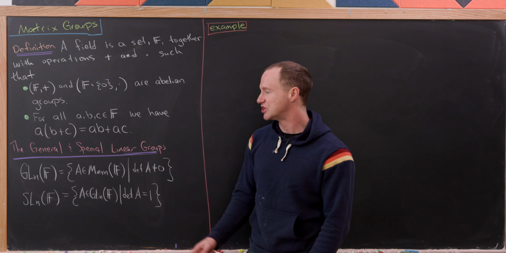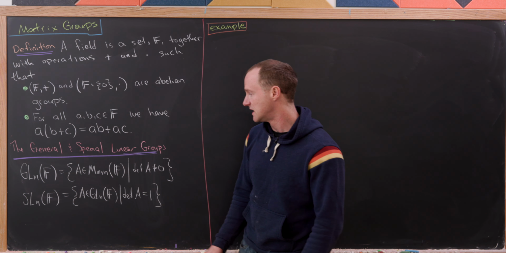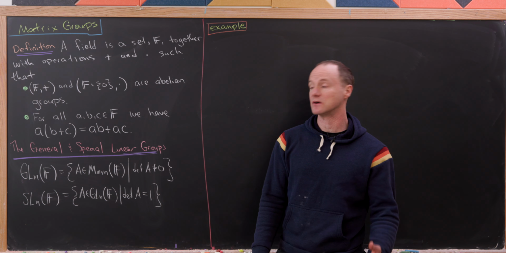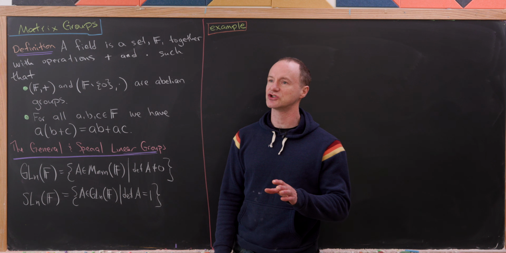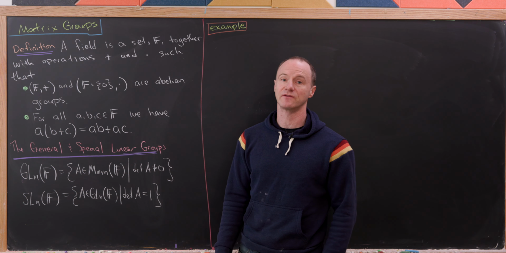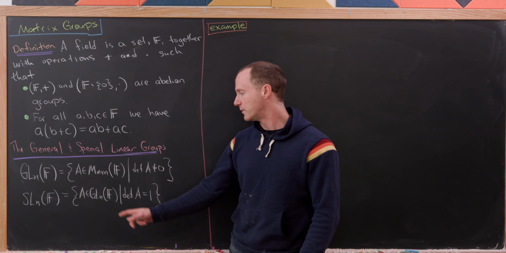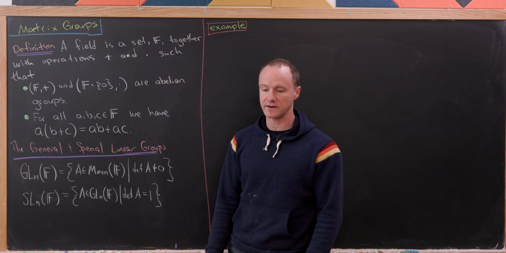Those will be GL_n(F) and SL_n(F). GL_n(F) is going to be all n by n matrices with entries in the field so that their determinant is non-zero, and that ensures that we get all of the invertible matrices. And then SL_n(F) will be the members of GL_n(F) so that the determinant is 1.